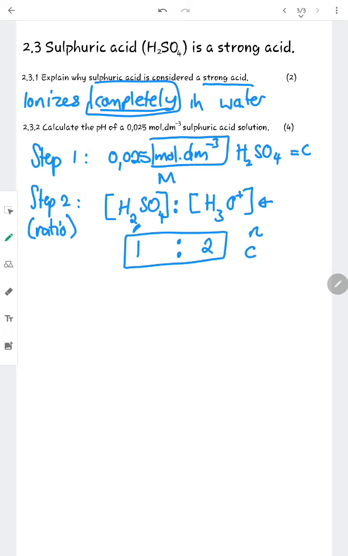As you can see, they have indicated square brackets, meaning that I'm looking more specifically at concentration. So if I know the concentration of sulfuric acid is 0.025, that must mean that the concentration of hydronium ions is 0.50 molar. Are we clear? Does that make sense to you? The ratio is 1:2. So all you have to do is multiply this by 2.